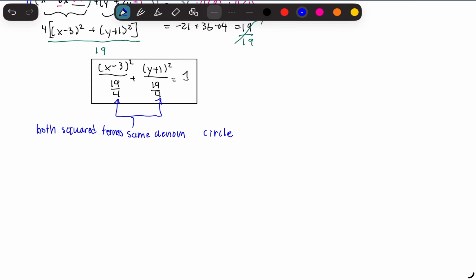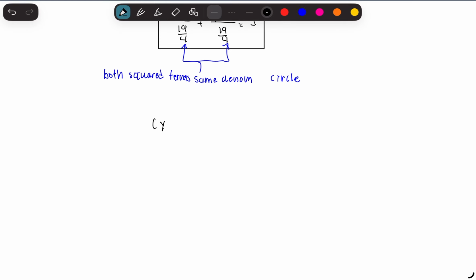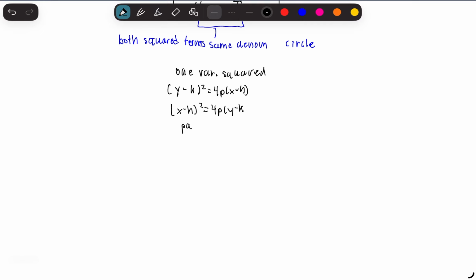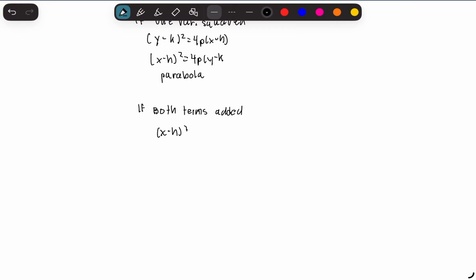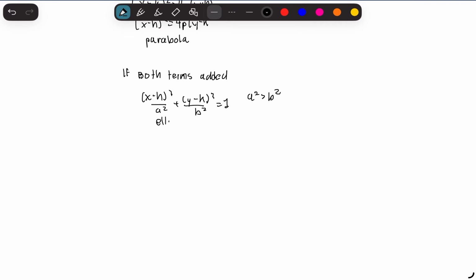Now, let's write down some rules that we just saw. So if you have one variable squared, then this is a parabola. This is an ellipse.